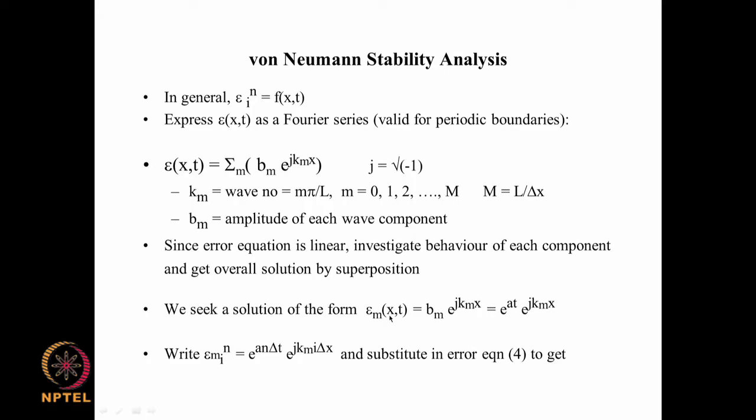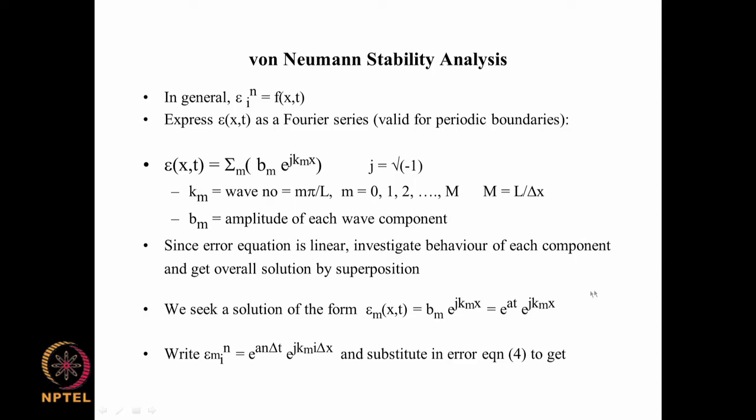Because we have wave contributions coming from different i's, i plus 1, i minus 1, and different time steps, n plus 1, n minus 1, and n, we can write a discrete function of this: the error resulting from the m-th wave component at the i-th spatial location and n-th time step is exponential of a times n delta t, where a is the constant to be determined, times exponential of j k_m i delta x.